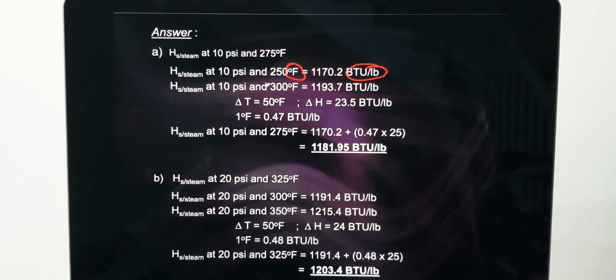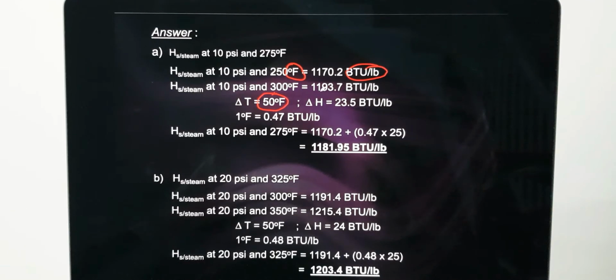Okay, and then 10 psi and 300 degrees Fahrenheit, the value is 1193.7 BTU per pound. Now find the temperature difference. On your left hand side, you can calculate it: 300 degrees Fahrenheit minus 250, so you will get 50 Fahrenheit.